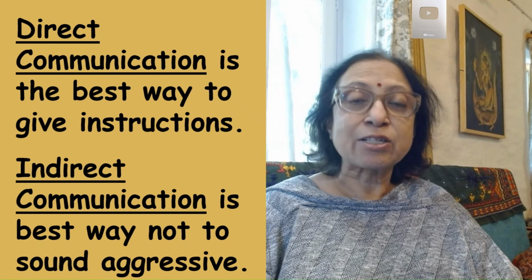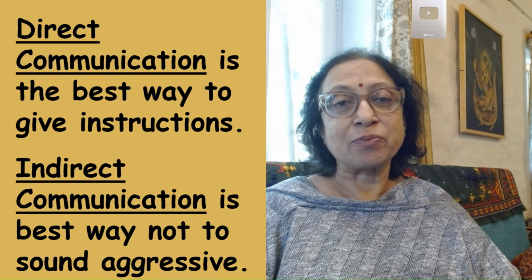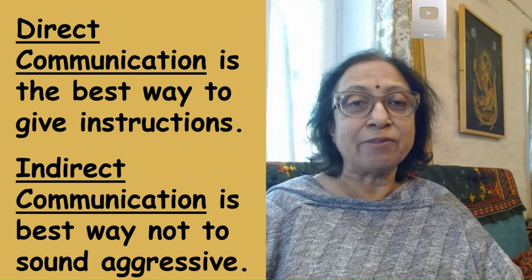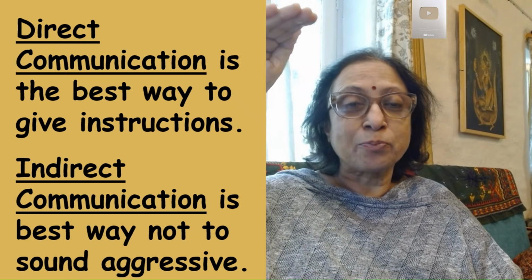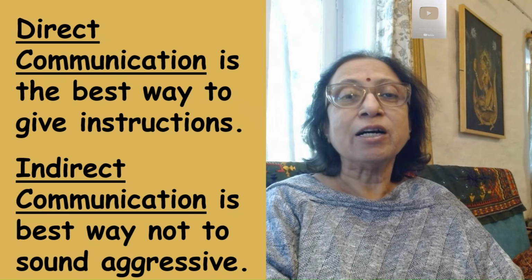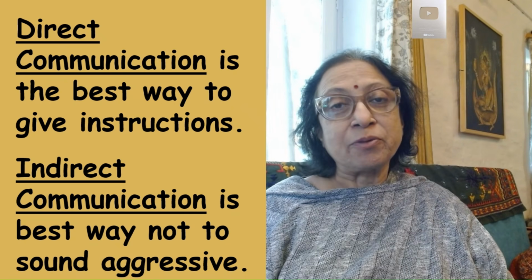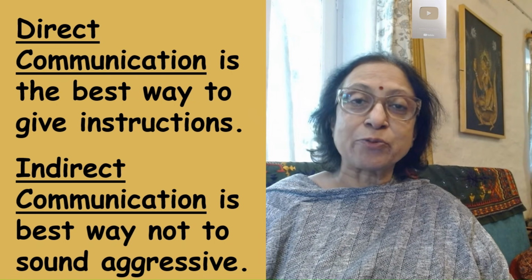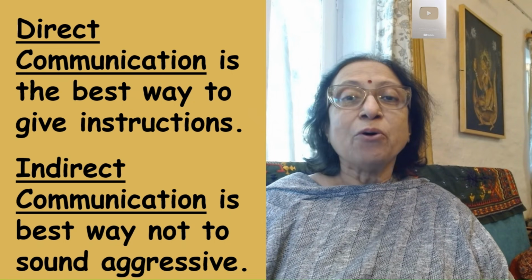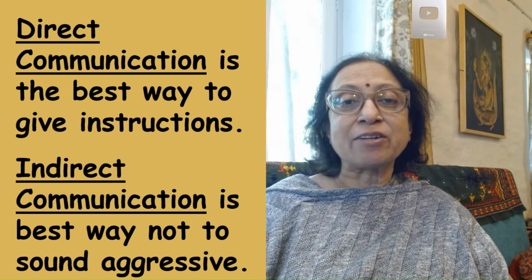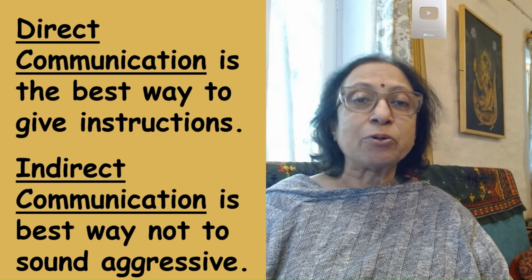We call it vertical communication. Horizontal is at the same level. Vertical is superior officer talking to a subordinate. Then you use direct communication. There, direct communication is very important because without that direct communication, you are not able to go ahead.